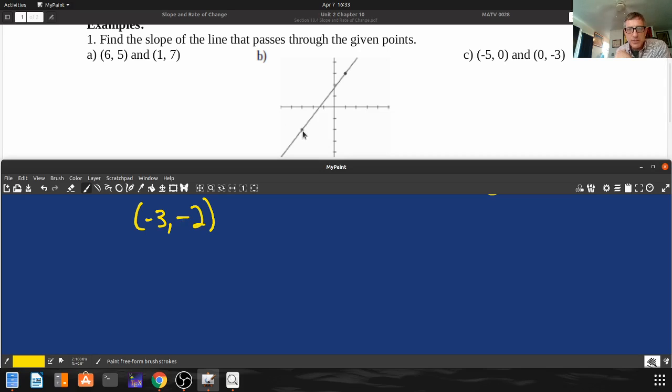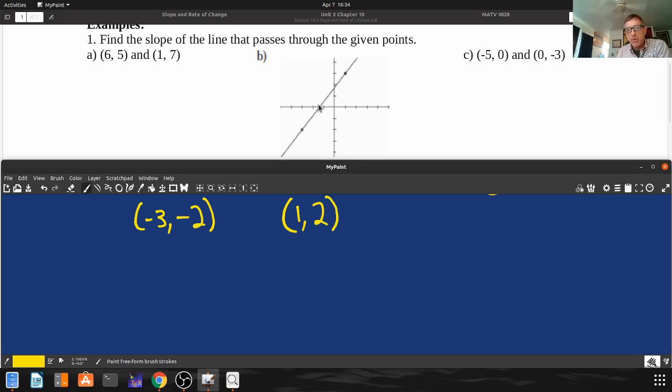So that's going to be this point right here. Our next point, we have to get the coordinates. My x value is positive 1. And now I'm going up on the y-axis in the positive direction. And I'm just going to assume that's going to go through 2. It's hard to really say. It doesn't look like it quite does, but that's okay. We're going to pretend it does.